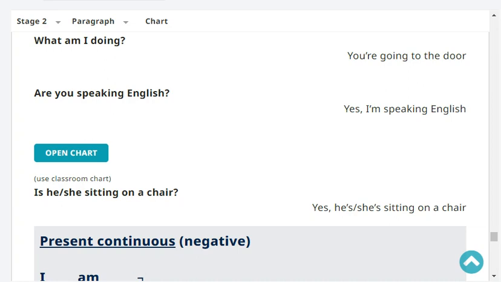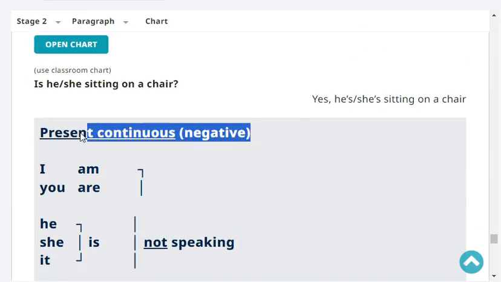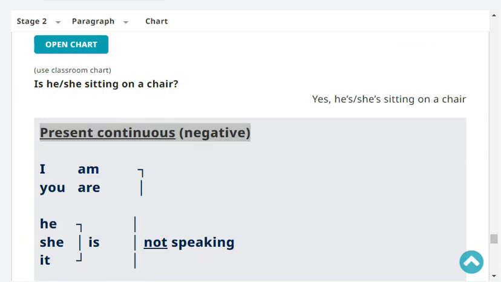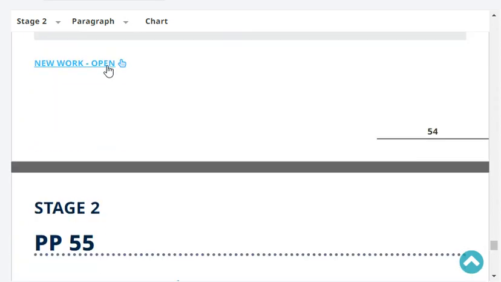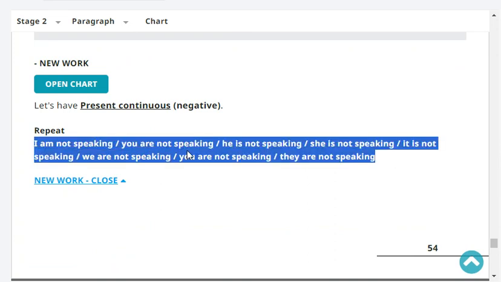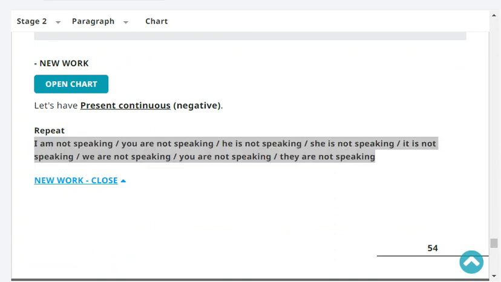Okay, next. So if there's a present continuous positive, there's also a present continuous negative. So it means they are not doing it now or we are not doing it now. Okay, so repeat. I am not speaking. You are not speaking.